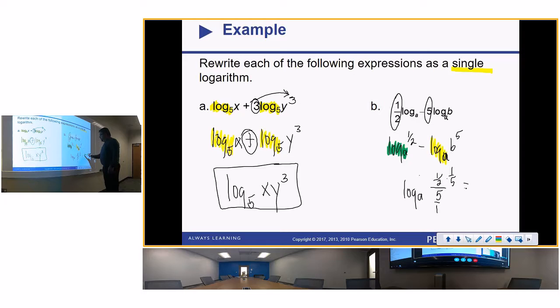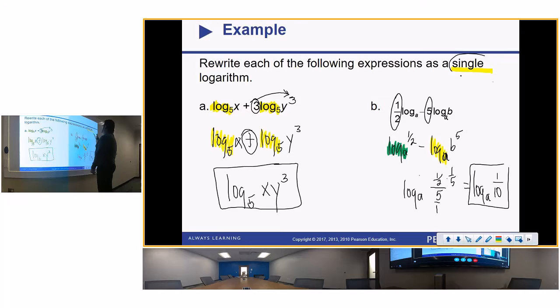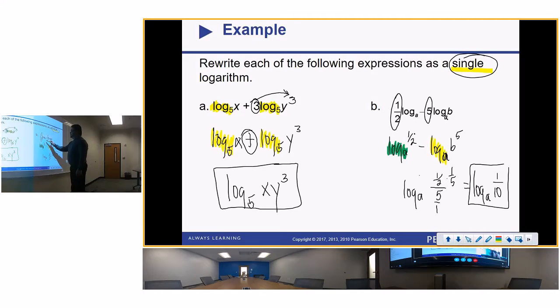So that's going to be log base A of what? 1/10. I believe that's what they wanted to do because looking at the directions, there is no way without the change base formula that you can make this into a single logarithm with a different what? Base. So I think this is supposed to be log base A. So we'll see when we look at the answer and see what they did.